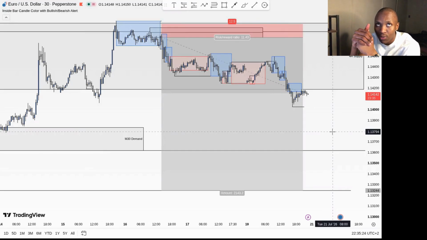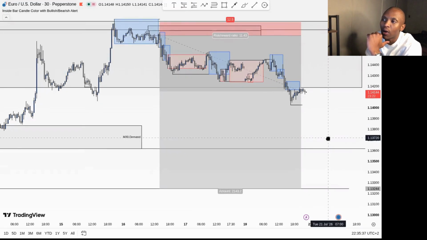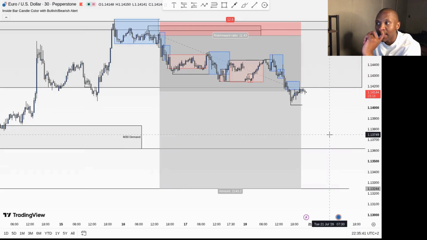I lost like two, if I'm not mistaken, 2 to 3 trades on Bitcoin trying to look for the same type of pattern that I always trade when it comes to Euro USD or currencies. So now I was able to identify one of my weaknesses and concluded not to trade anything outside Euro USD.